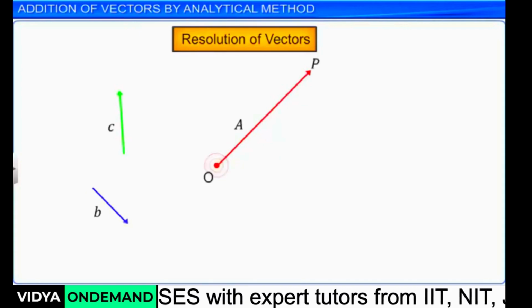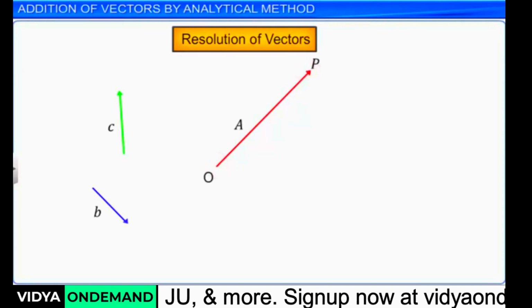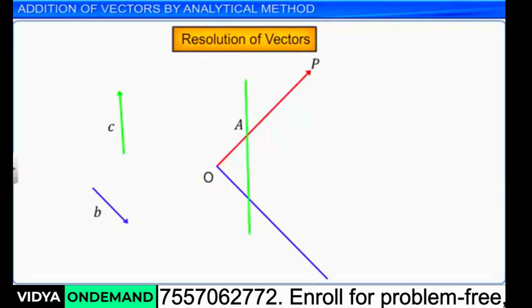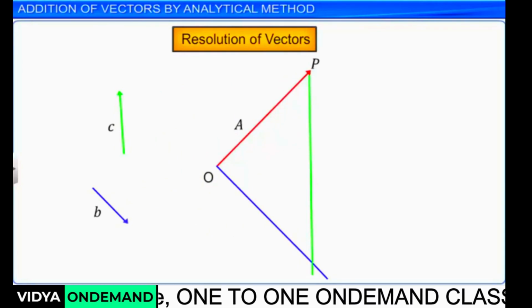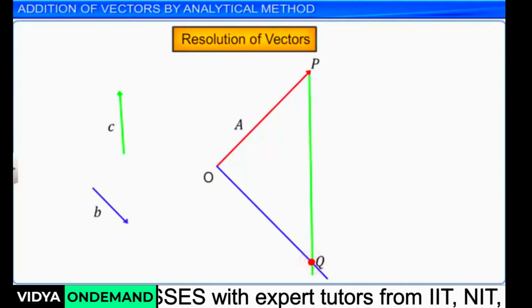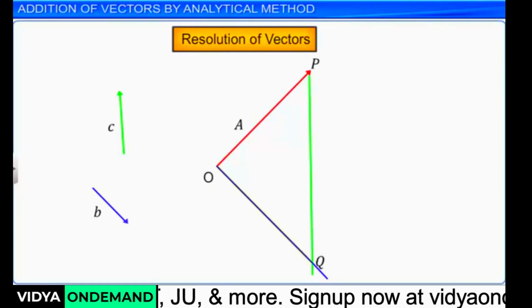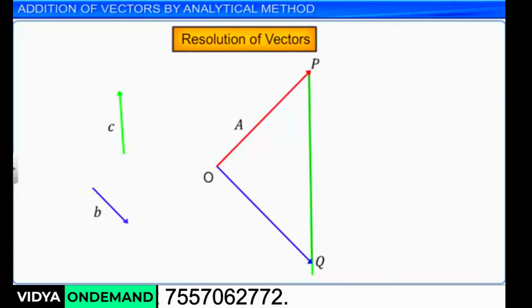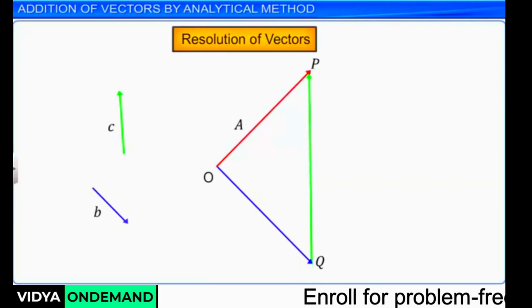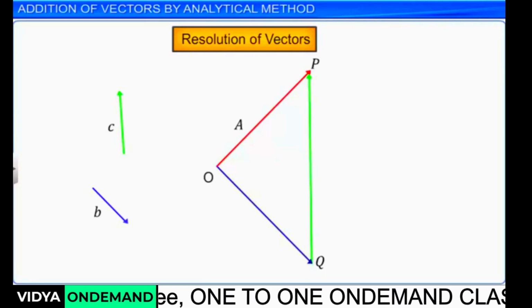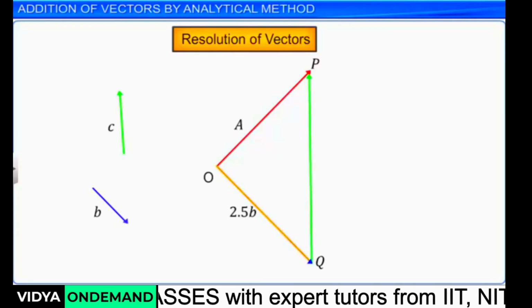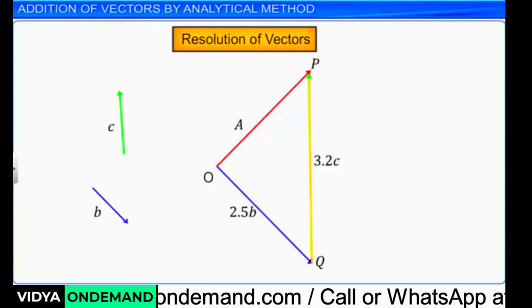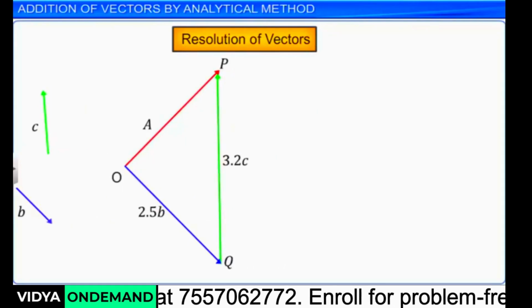From O, draw a line parallel to B, and from P, draw a line parallel to C. Let these two parallel lines intersect at Q. On the line OQ, display an arrowhead at Q. Similarly, on the line QP, display an arrowhead at P. In this case, the length of the line OQ is 2.5 times the length of B, and the length of the line QP is 3.2 times C. Hence, from the triangle OPQ, you can write A is equal to 2.5 times B plus 3.2 times C.